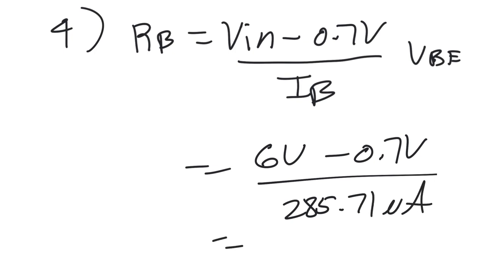Okay, if you wanted to be technical about that, you'd be minus 6 plus 0.7. But I just choose to leave it off. Okay. This is 18.55K. And you just go to the nearest higher standard resistor size, which I'm not sure if it's 18 or 20 or 19.